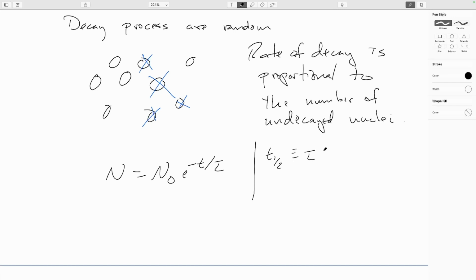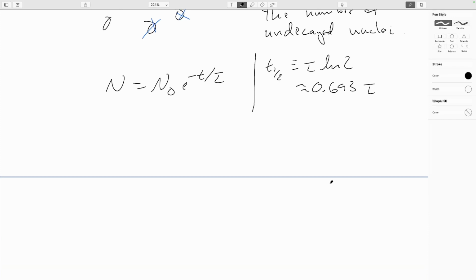If you play around with the algebra, you get that it's the decay constant times the natural log of 2, so this is approximately 0.693 times the decay constant. The reason that's convenient is we can then write our number of remaining particles as our number of original particles times 1/2 raised to t over the half-life.